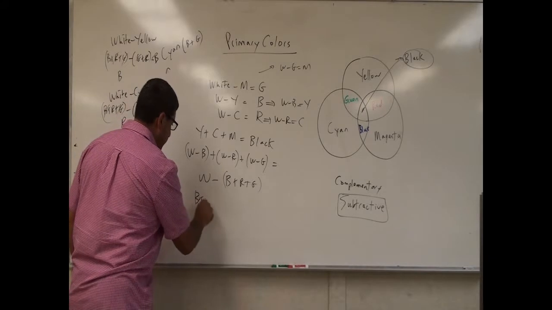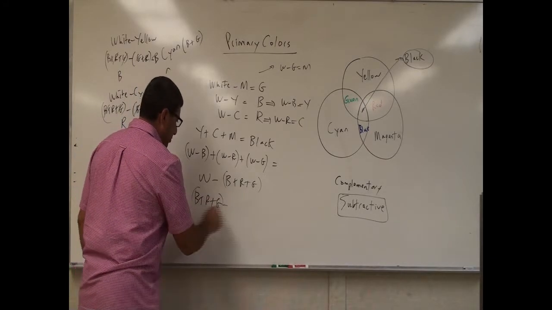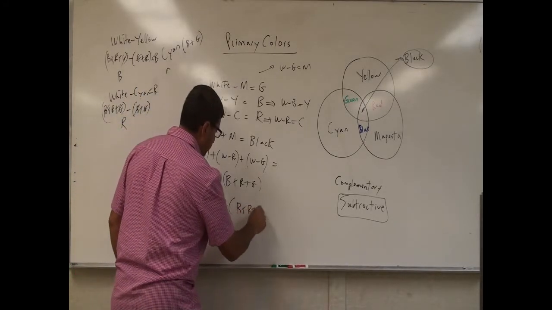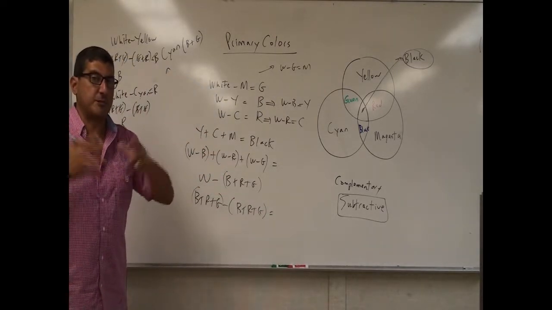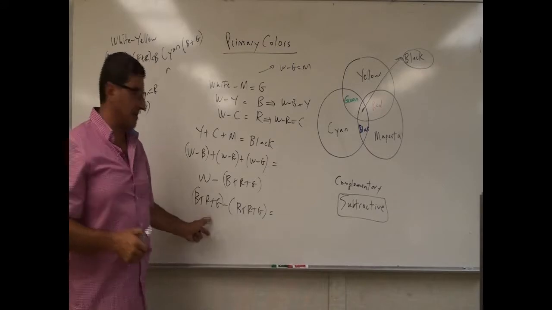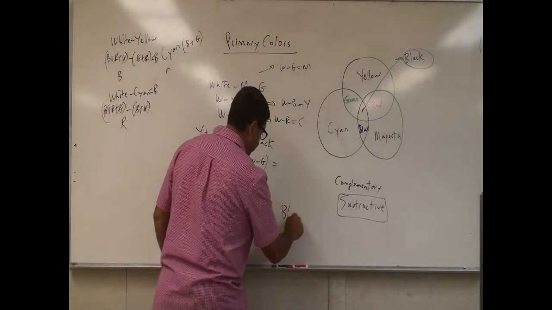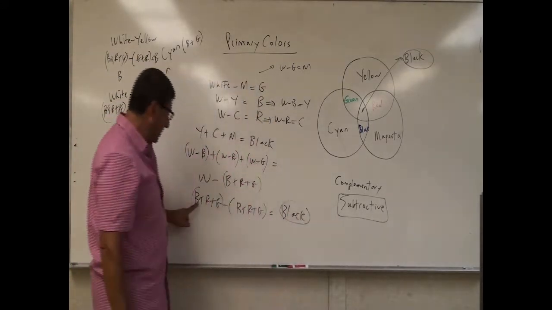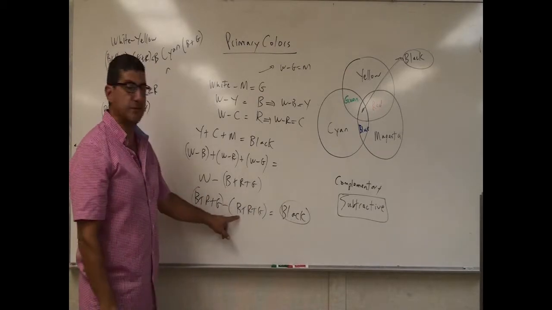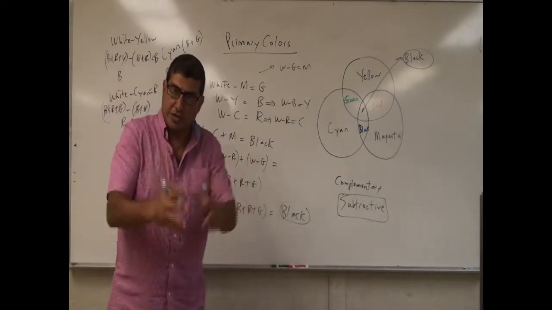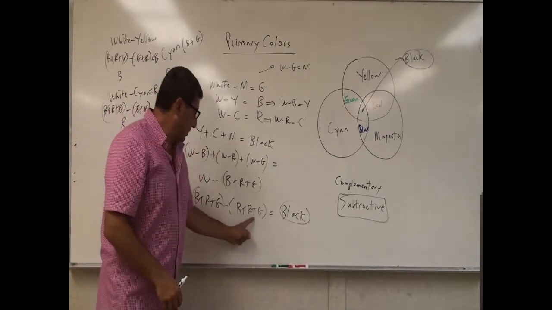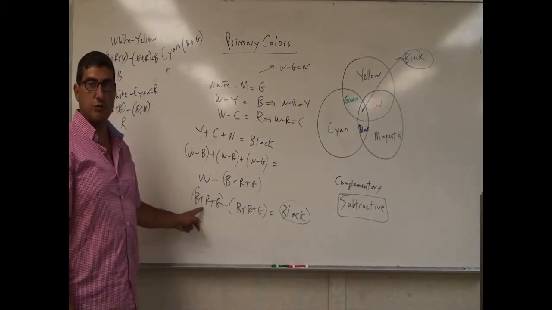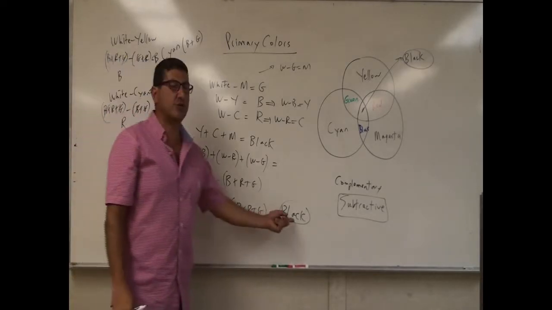White is blue plus red plus green, and you're subtracting that blue plus red plus green. So basically you're subtracting the combination of all the subtractive colors from white, and then you're getting black. Okay, so this B, don't confuse it with black. This B is blue. By adding all the subtractive colors together, it gives you the effect of subtracting blue, red, and green from white, which is blue, red, and green, and then you get black.